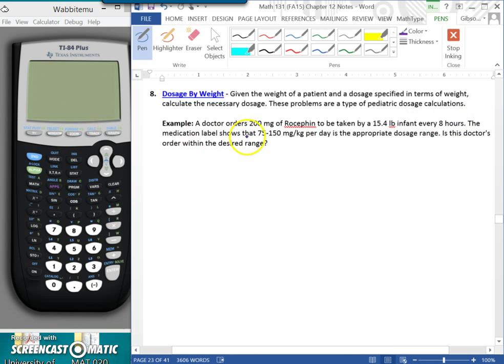The medication label shows that 75 to 150 milligrams per kilogram per day is the appropriate dosage range. Is this doctor's order within the desired range?